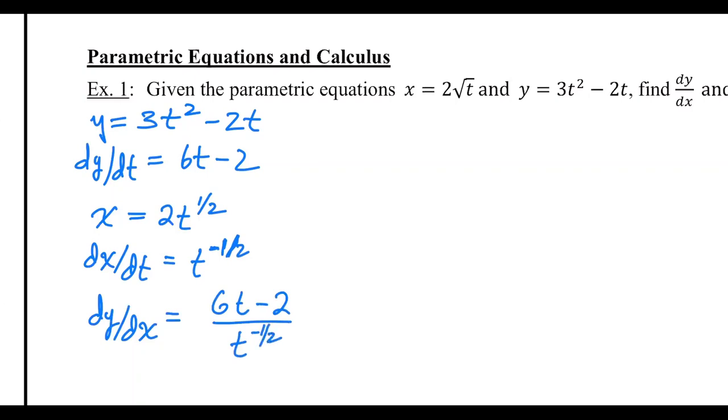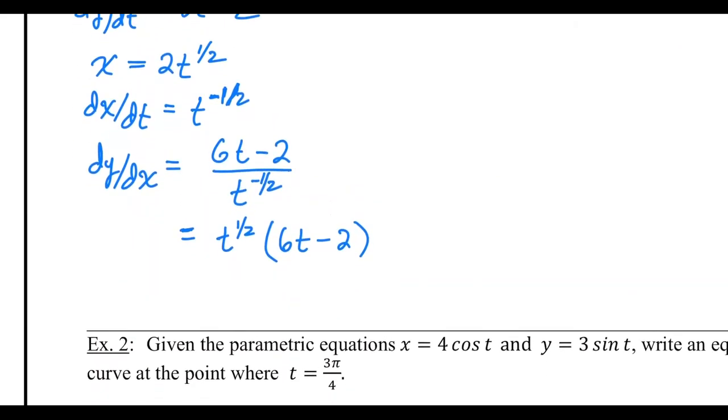All right. Now, if this were the only question, I'd say, all right, we'll just leave it at that. It didn't say to simplify, but we got a little problem here, Houston, and that is we have to find the second derivative. And if we find the second derivative, it probably would make our lives a little bit easier if we had a cleaner first derivative to work with. All right. So that's how we're going to handle it. So I'm going to rewrite this as t to the 1/2 times 6t minus 2.